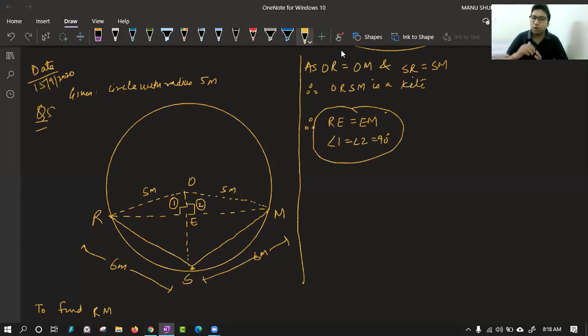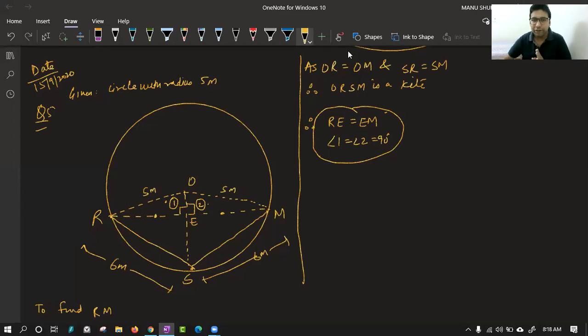So again I'm repeating, the main thought process was actually to prove this RE equal to EM, first thing. Second thing was to prove angle 1 equal to angle 2 as 90 degree. Once we do this, the question becomes very easy. Why? Because now instead of RM, I can only find RE and I can twice it. Okay, that was the concept.